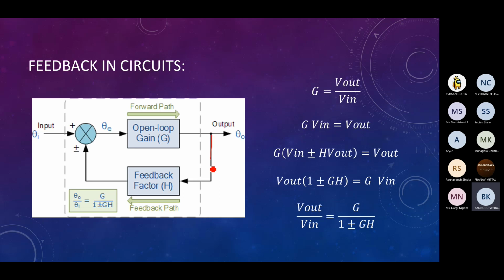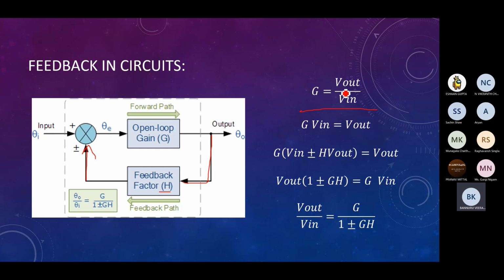We will be taking the output and scaling it by some factor h, and giving it to the input again. This is called feedback in a circuit, and the main purpose of this is to control the gain of the overall system. Let us see what the gain of the overall system will be.